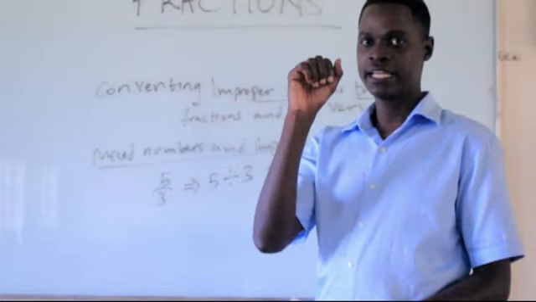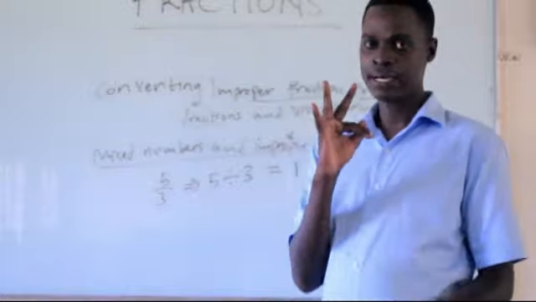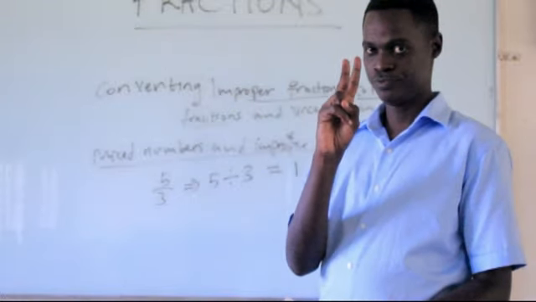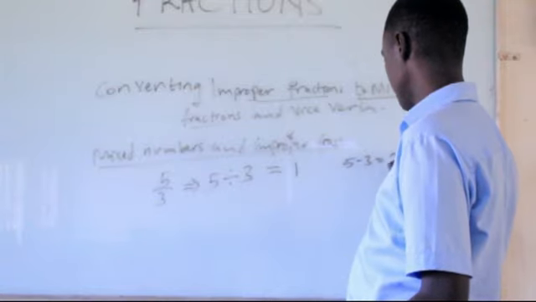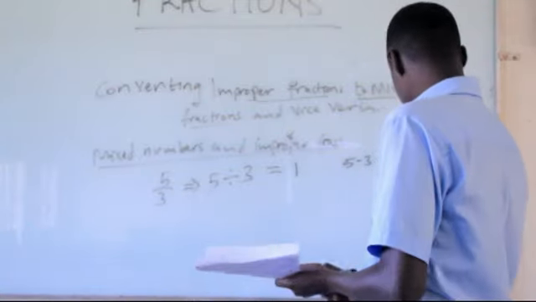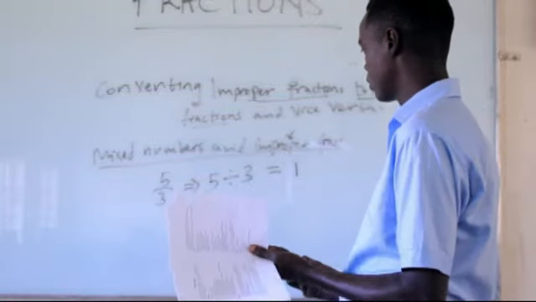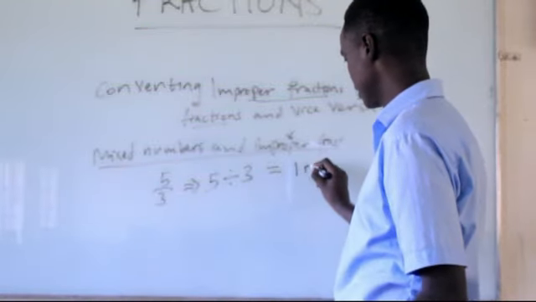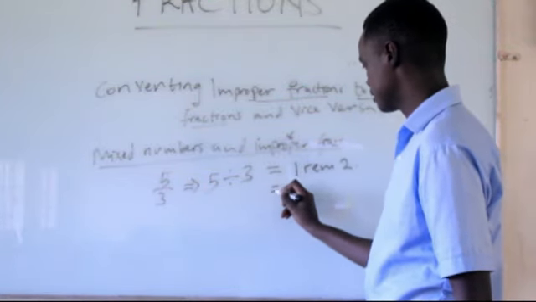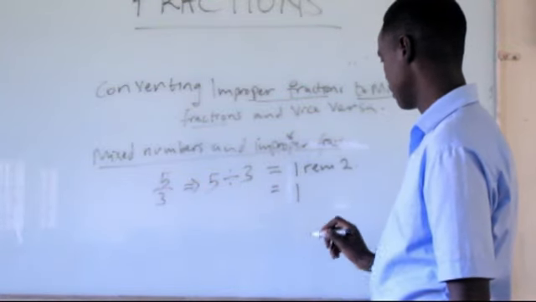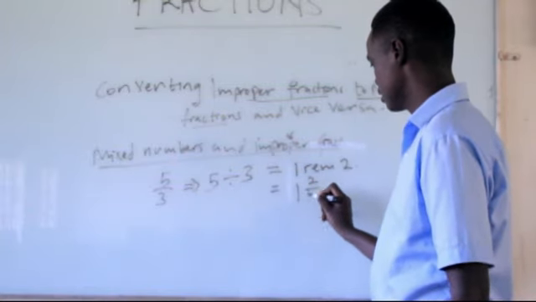So 5 divided by 3 means you have one whole number, remainder 2. 5 minus 3 gives us a remainder of 2. Now, it means you write one whole number, remainder 2. But this is the same as one whole number, 2 out of the 5.